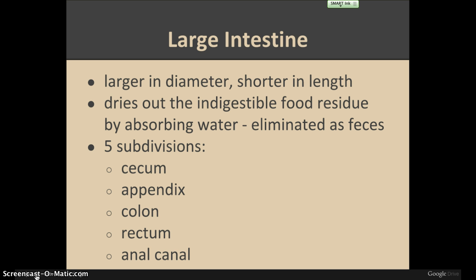If you were to take your large intestine, you could divide it into 5 sections. Of course, that wonderful appendix that doesn't have a purpose except to accumulate bacteria. That's why people have appendicitis at times, because of the bacteria. So there's your large intestine. Again, this is where we're preparing waste to be removed.